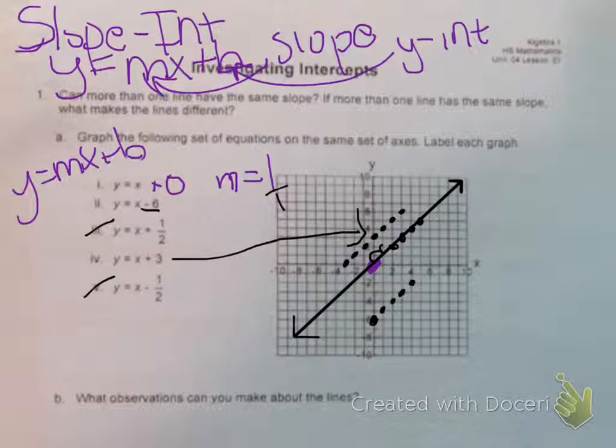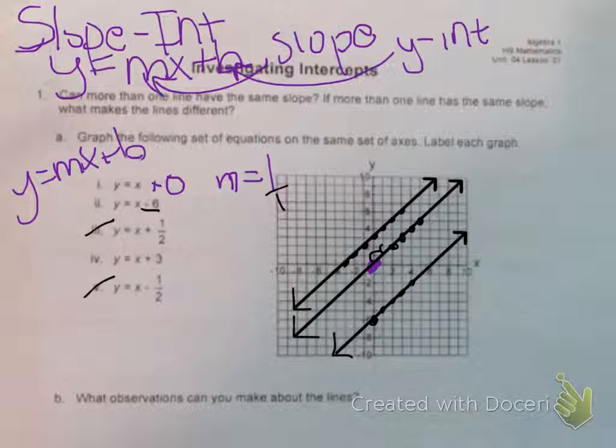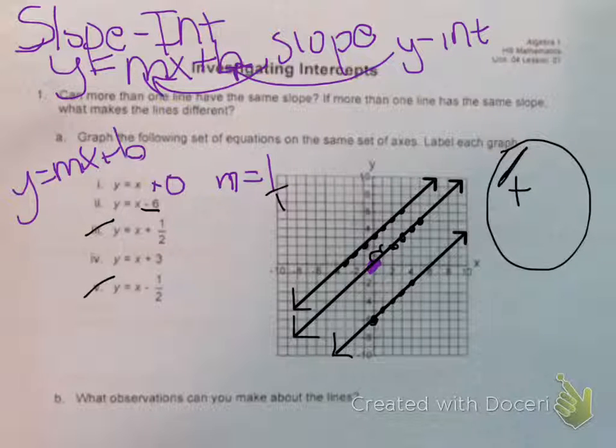And I did the same thing with the slope. I went up 1 over 1, and now I'm going to make my lines. Okay, so this is what your graph should look like. Make sure that your slopes are going in the positive direction. Remember your slope face. I kind of like to draw it just because it's fun. So we've got positive slopes, so we want to make sure they're going in the positive direction.